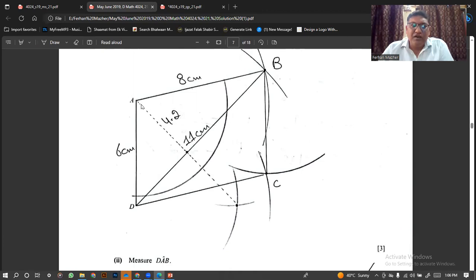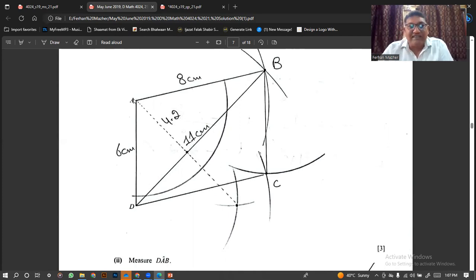Open your compass, take A as the center, draw this arc. Now put your compass on this point and draw this arc. Put your compass here and draw this arc. Where they intersect, join that point with A. You can see this dotted line, and this dotted line is perpendicular to the BD.